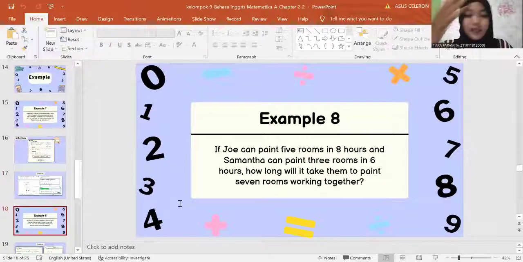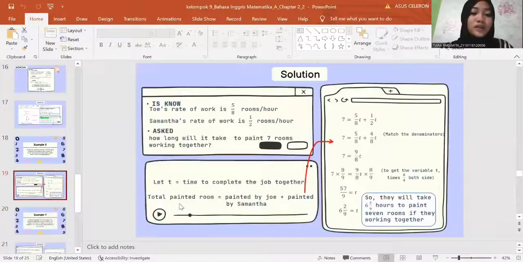Next, example 8. If Joe can paint 5 rooms in 8 hours and Samantha can paint 3 rooms in 6 hours, how long will it take them to paint 7 rooms working together? The solution is, let t equal the time to complete the job together.